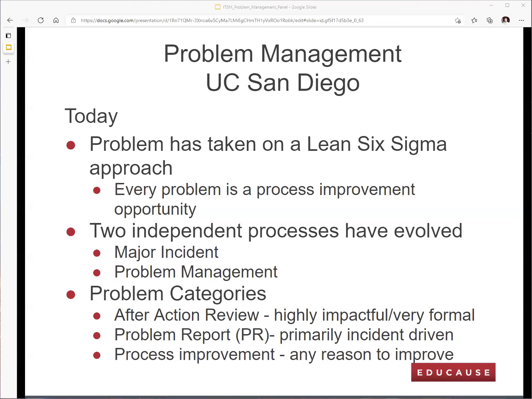So a major incident can occur, and if it gets a problem report, then the action items will be associated with the problem report. The reason we started with one-for-one, where a major incident will generate a problem report, is that we found instances of certain kinds of failures where things didn't go wrong.